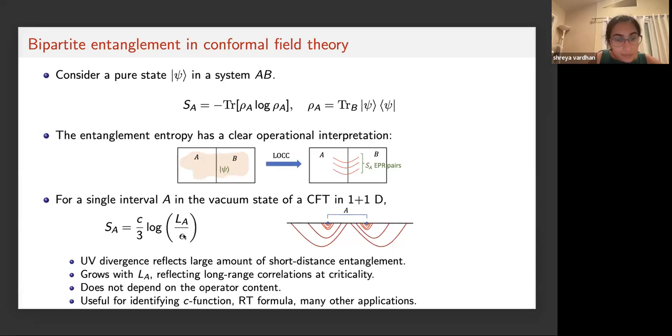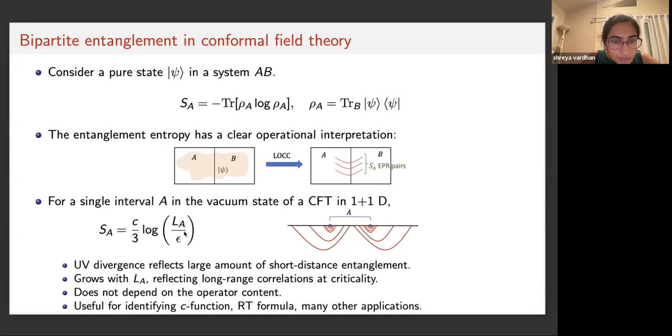This simple expression tells us a lot of useful things about the entanglement structure of the vacuum state. One thing we can notice is that we get a divergence as the UV cutoff goes to 0. And this divergence tells us about the presence of a very large amount of entanglement at short distance scales in the vacuum state, such as from short distances close to the edges of A.